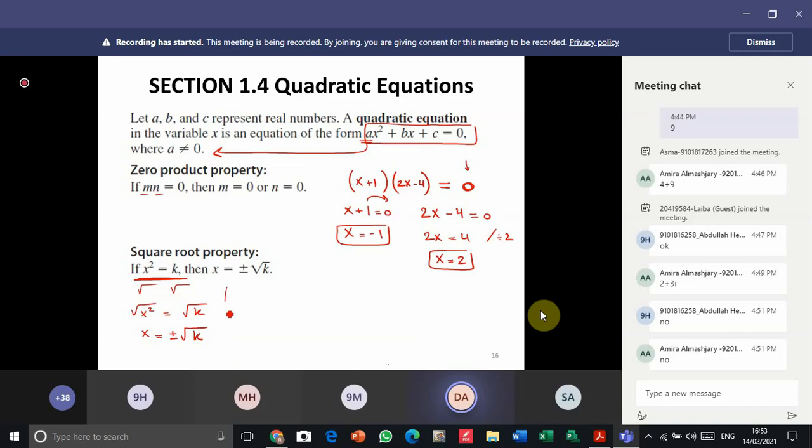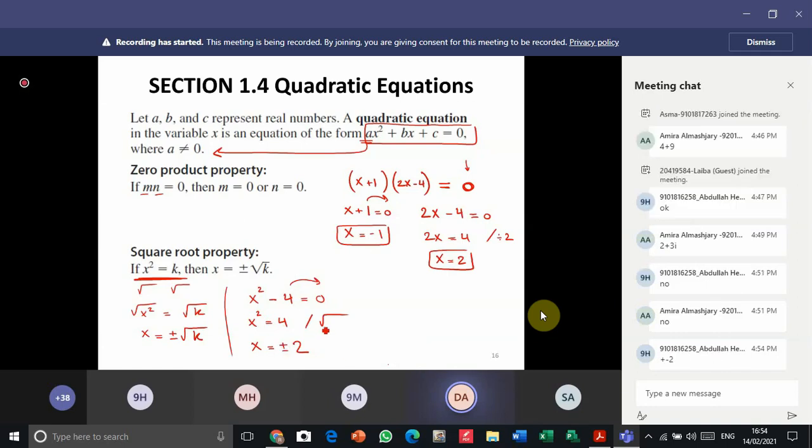For example, if we have x square minus 4 equals 0, now move the negative 4, we have x square equals 4. After taking the radical, x equals what? What's the radical of 4? Radical 4 is 2. But we have positive negative. Why? Because we took the radical of x square. Okay.